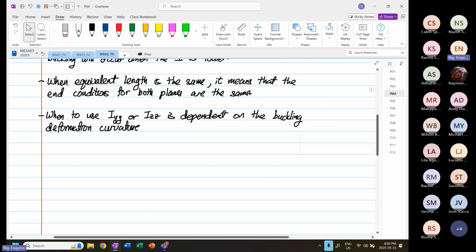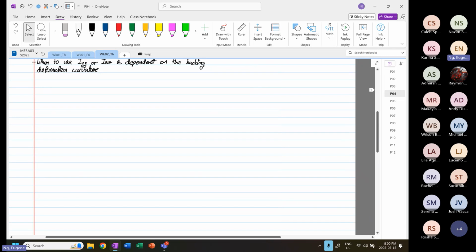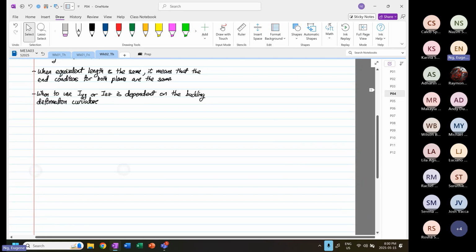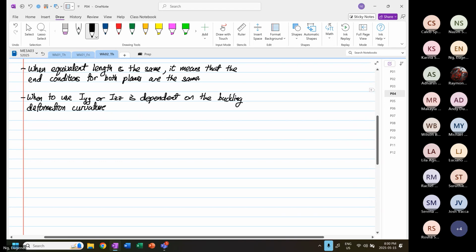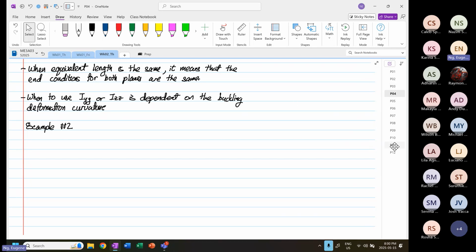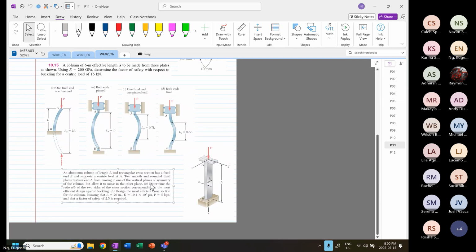Let's look at this example. We're going to proceed with example number 2, and it's a very interesting example. I'll tell you why.